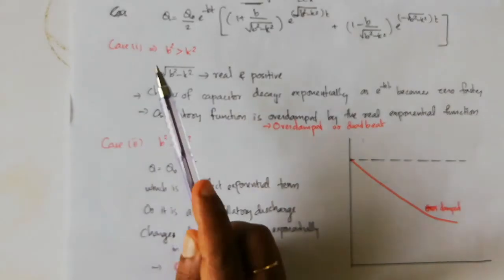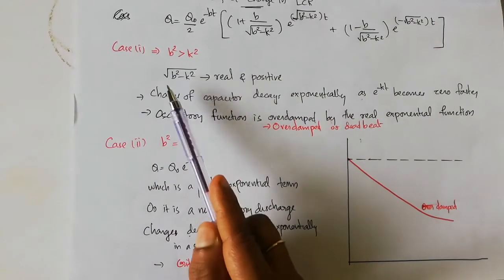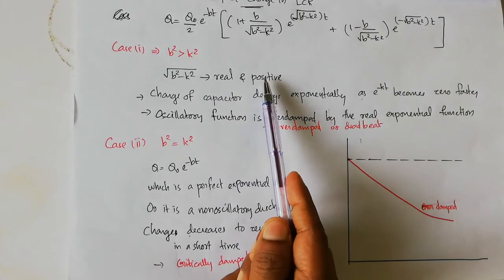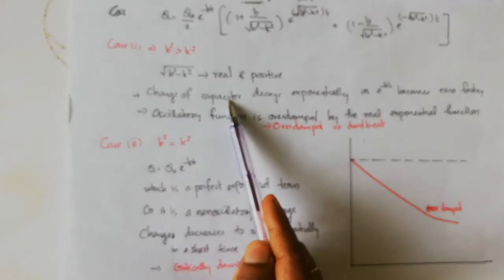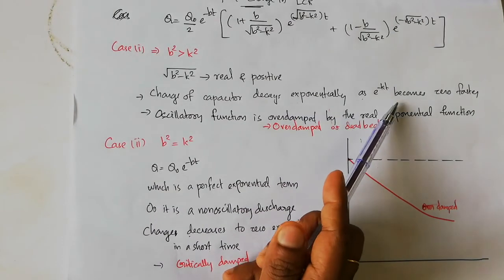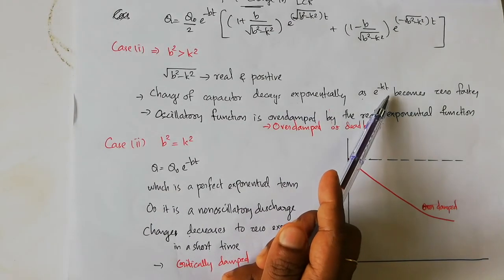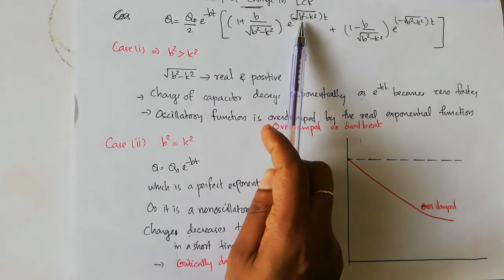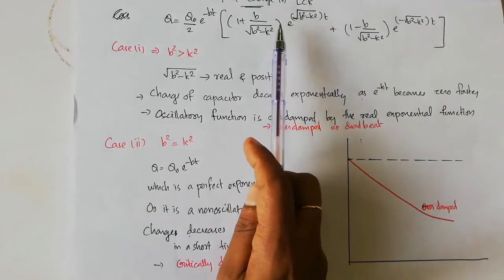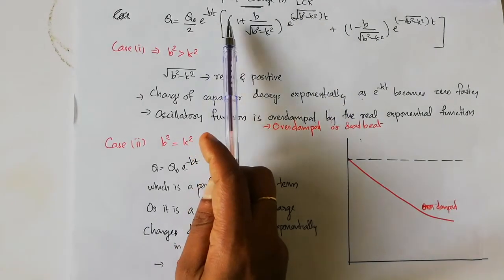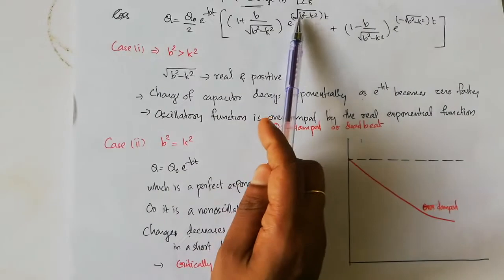When b square is greater than k square, root of b square minus k square is real or positive. From this, the charge of the capacitor decays exponentially as e raised to minus kt becomes 0 fast. That is, the oscillatory function in this equation is overdamped by the real exponential function as b square is greater than k square.